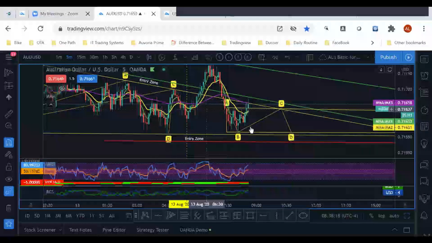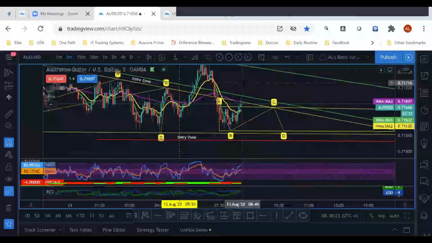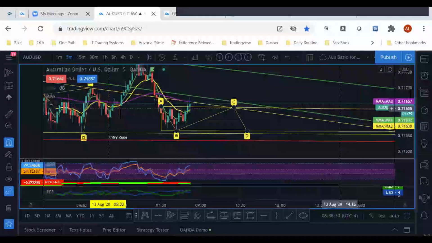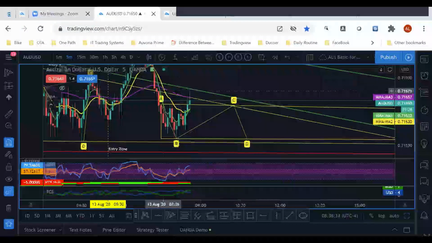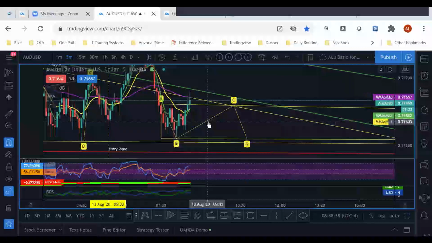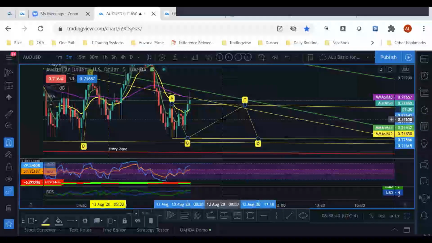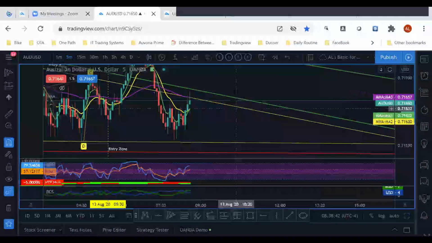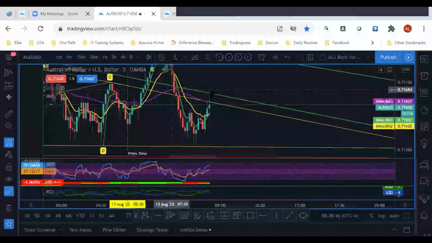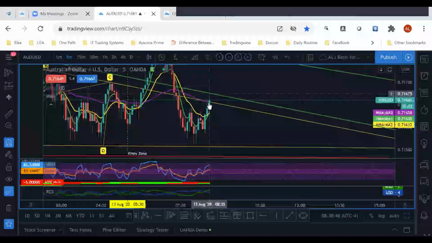And this one's still not giving us any clear indication which way it's going to go. Take this off, it's a little less confusing. Came up, tagged the 62, came up past it, and see if it's going to close above it.